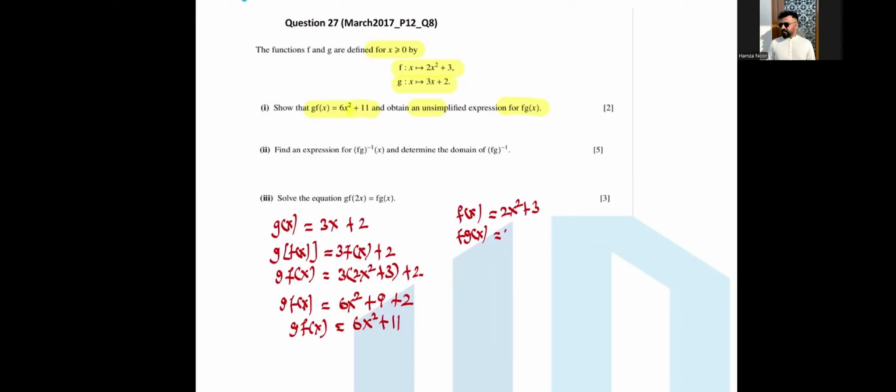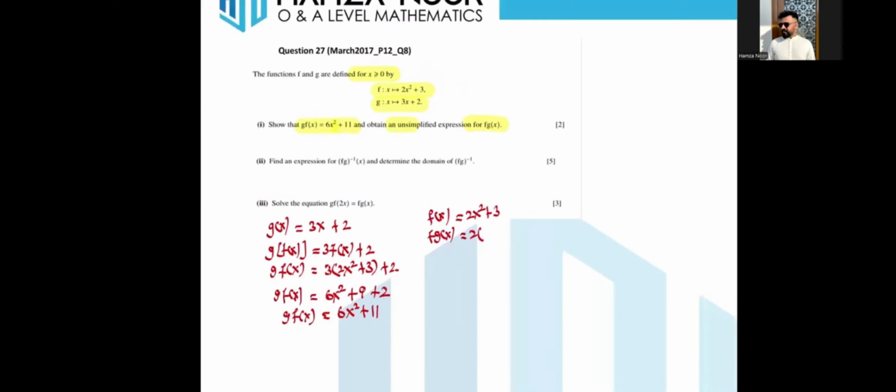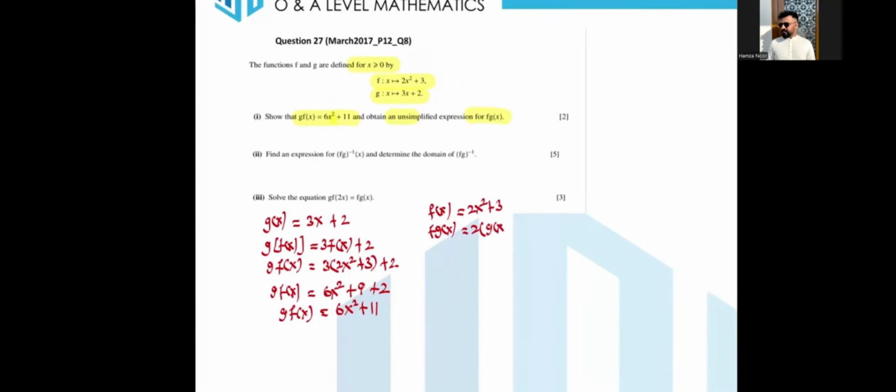This becomes 2(g(x))² + 3, so f(g(x)) = 2(3x + 2)² + 3. We need just an unsimplified expression for f(g(x)). You have to find g(f(x)) and f(g(x)) here, and this complete working is worth 2 marks. Now we have part 2.